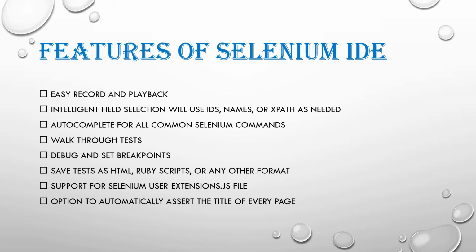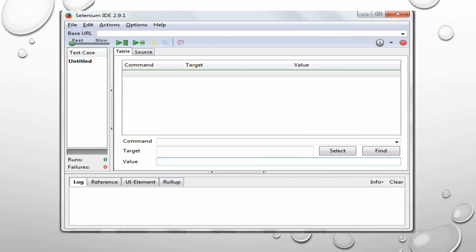It has the option to automatically assert the title of every page. You can put the assertion on the title of every page. This is the UI of Selenium IDE. We'll discuss this Selenium IDE in our next tutorials.